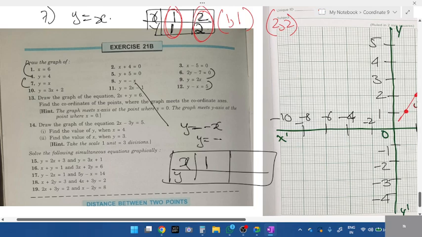Doesn't it become minus 1? Then if I put x is equals to 2, what happens to y? Minus 2. Take two coordinates. 1 comma minus 1, 2 comma minus 2. Take these two coordinates and solve it.